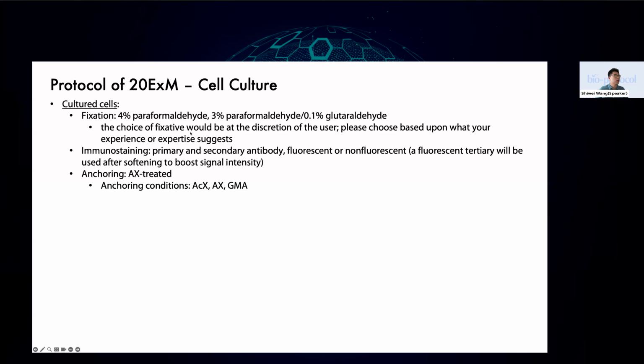So you can perform primary and secondary antibody staining on the cell culture. And this can be fluorescent or non-fluorescent because we will use a tertiary fluorescent antibody to boost the signal after the softening step. And finally, you want to treat the cells to anchor the proteins. How this works is typically we use one of these NHS chemistry-based anchoring reagents.